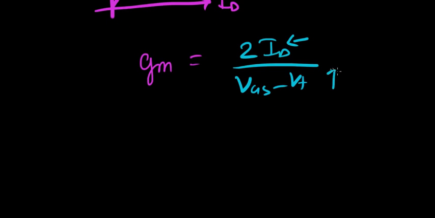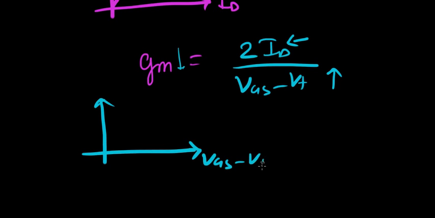With an increase in VGS, you're going to have a decrease in GM. Why? Because this is in the denominator. The denominator increases, the whole thing reduces in value. So if we were to plot this on a graph, VGS minus VT versus GM with ID constant, it gives us a graph that looks like this.